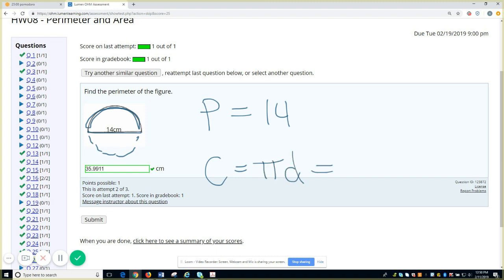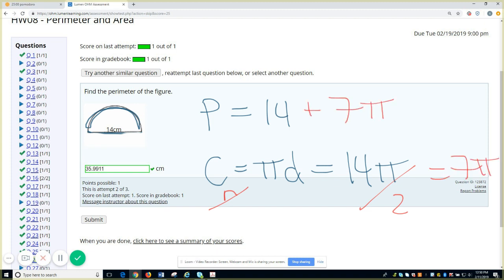Now the nice thing is that this 14 also happens to be the diameter of the circle, so my circumference would be 14 pi. But I don't need the full circumference, I just need half of it. So I'm going to cut my 14 pi by 2, which gives me 7 pi. So I'm going to add on the 7 pi, which represents this half circumference.